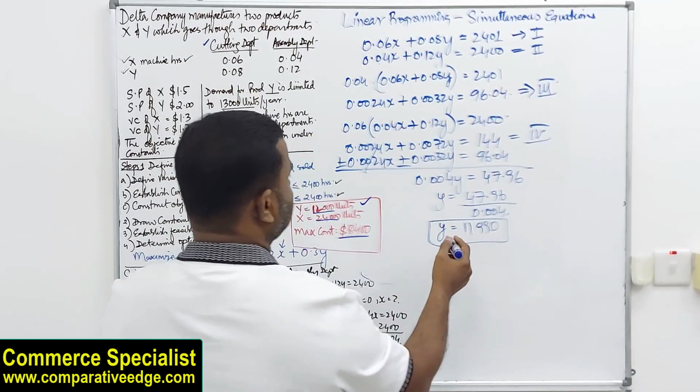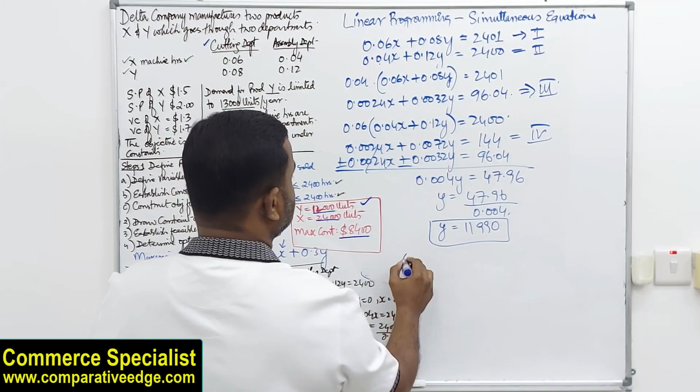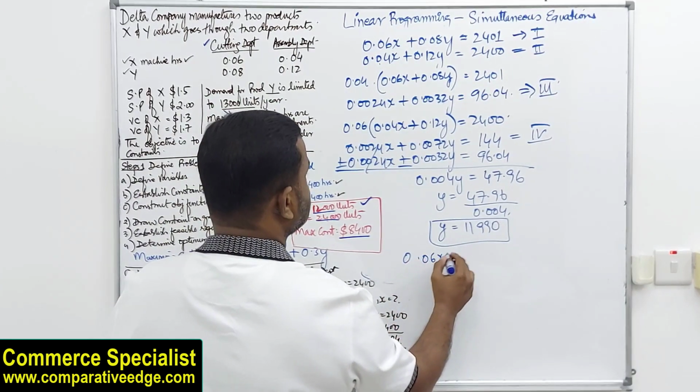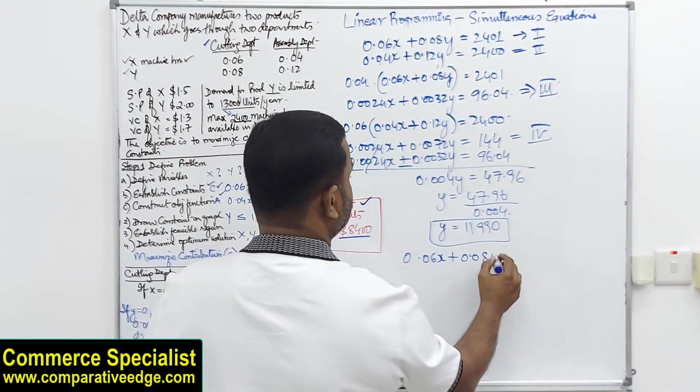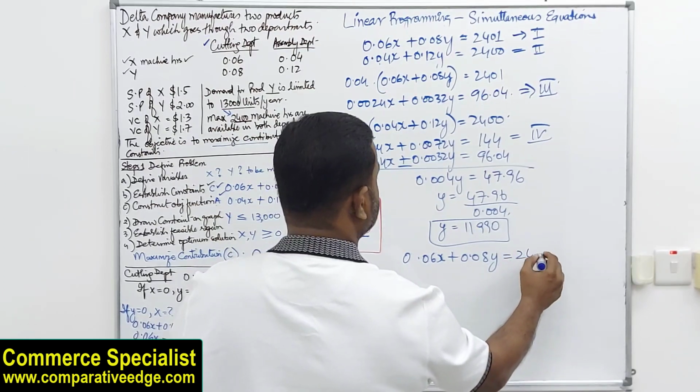And if I substitute this value in equation 1, which is 0.06x plus 0.08y is equal to 2401.